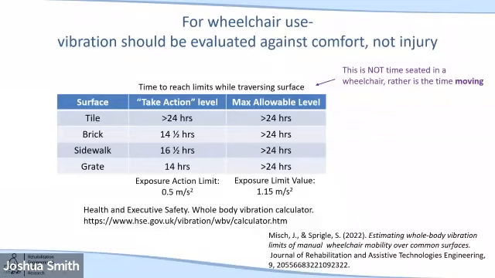And there's another level that says you're not allowed to expose a worker, okay? So 2 levels. If you look at the vibrations associated with tile, brick, sidewalk, and grate, you'll see the amount of hours of accumulation that it takes before you have to even worry.